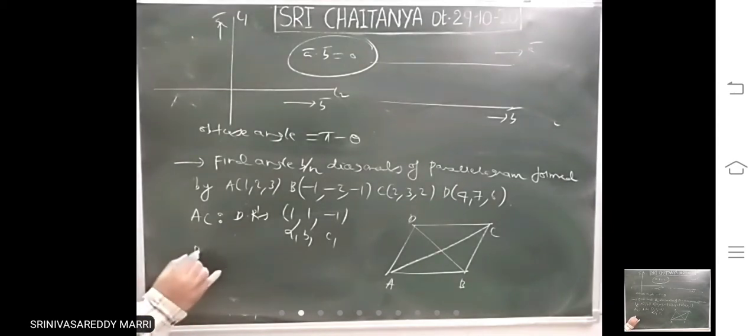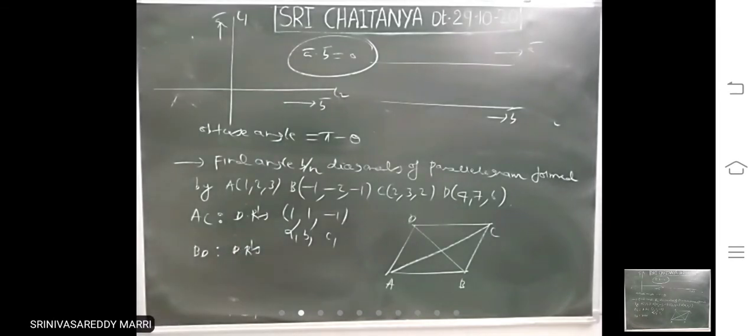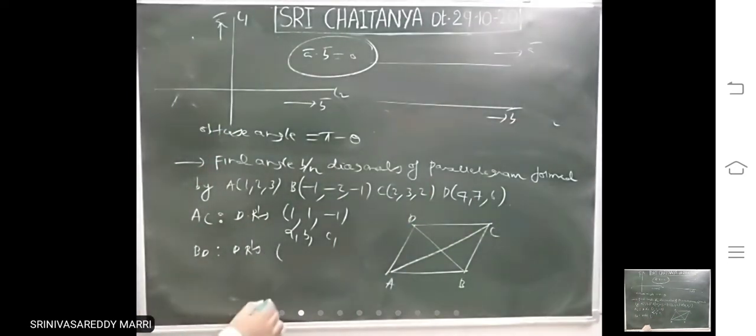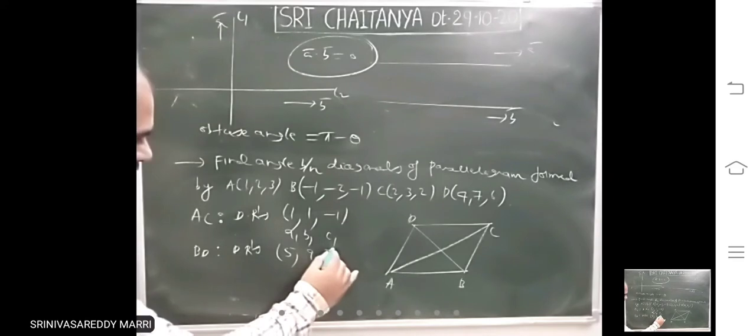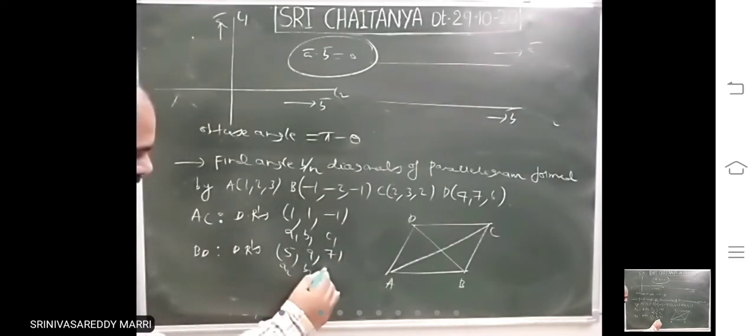Next take the line BD, simple. 3D geometry is very easy. This is B, this is D. What are the DRs? 4 plus 1 is 5, 7 plus 2 is 9, and 6 plus 1 is 7. These are A2, B2, C2.